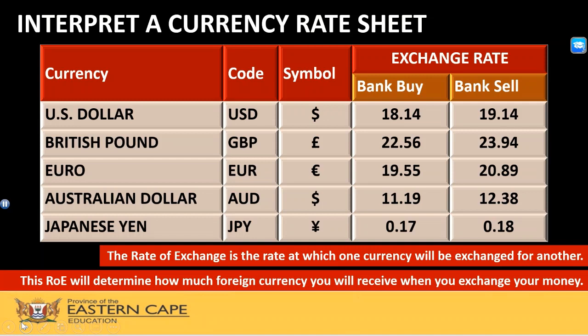It might happen that the bank buying rate and bank selling rate appear in a grade 11 question paper, but if that does happen, you will be told which rate to use. The instruction will say, convert the following currencies using the bank buying rate or the bank selling rate.